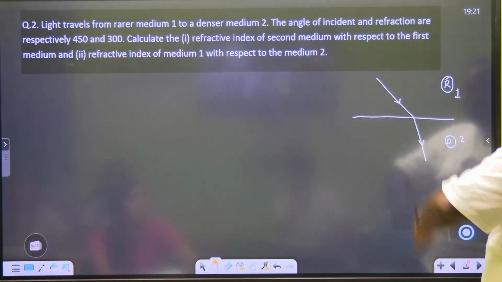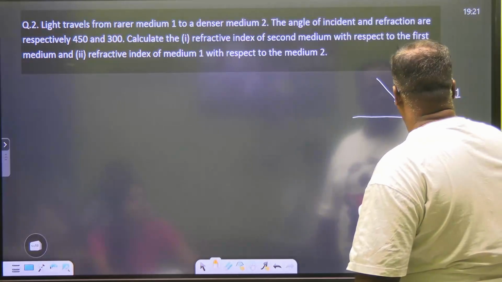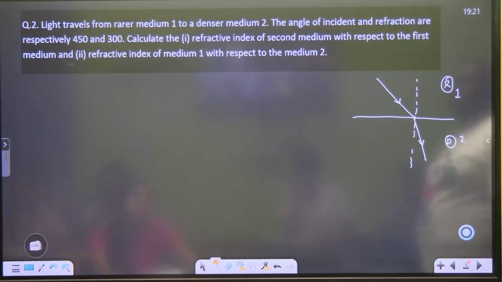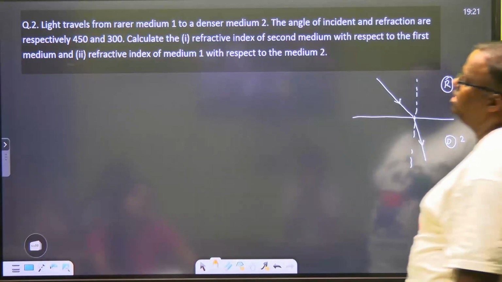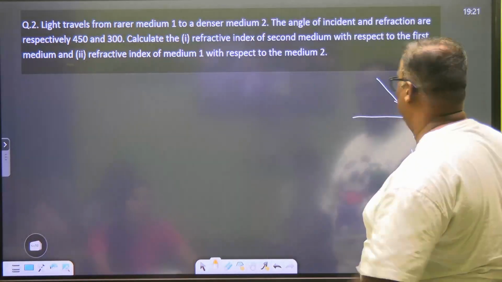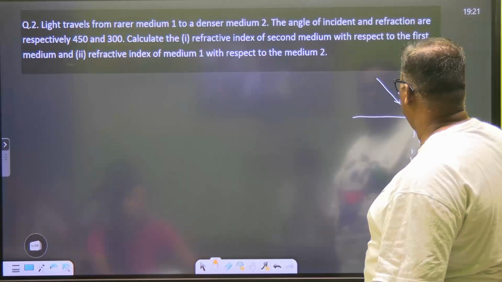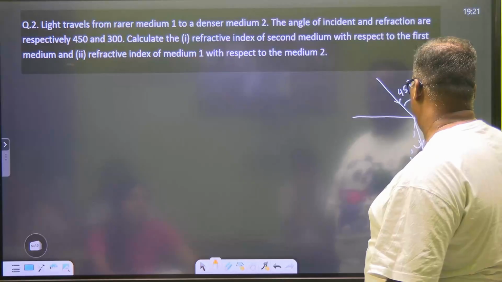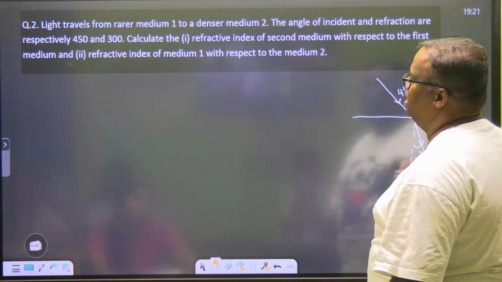Rarer means the speed is much more, and if you would like to make it more proper, then this is my normal. This is the diagram, correct? The angle of incidence and the angle of refraction. So that's not 450, that's 45 degree. So the angle of incidence is how much beta? 45 degree, and the angle of refraction is 30 degree. So see, the refracted angle is this.